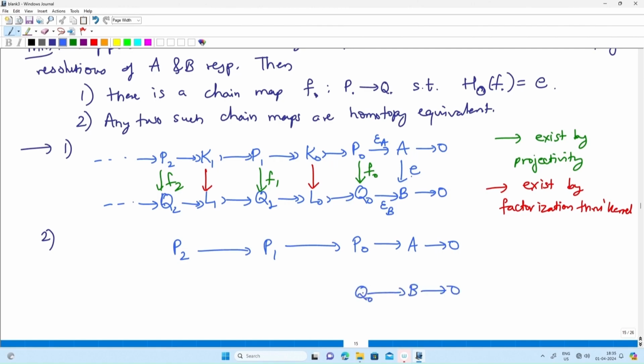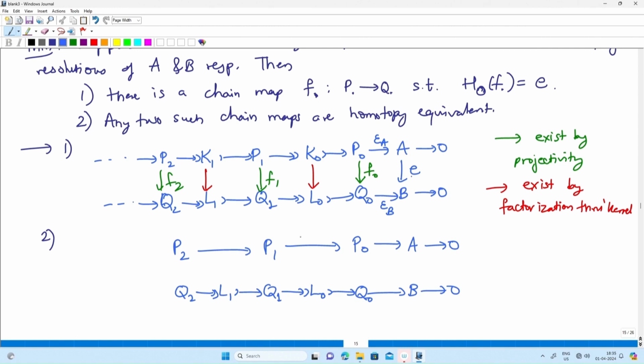So this is Q0. Then here I will still continue to take L0. Yeah, this is the kernel, then this is Q1. Then this is a surjective map, this is L1, this is an inclusion, this is Q2, this is a surjection. In the top one, we don't need all of them. We can write, but we don't need to.